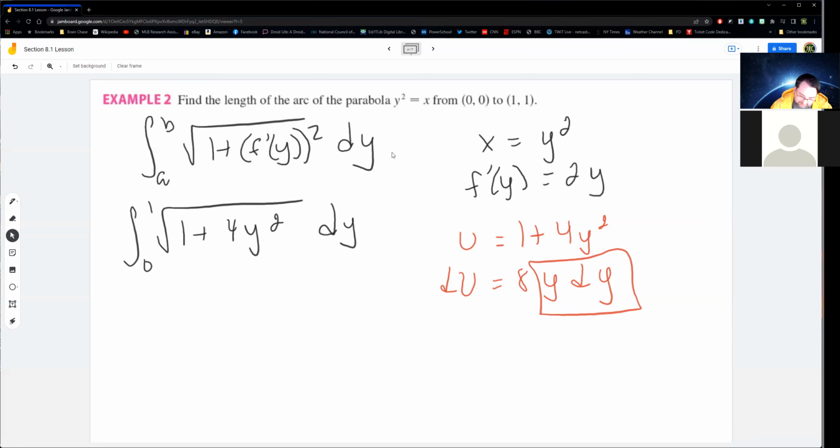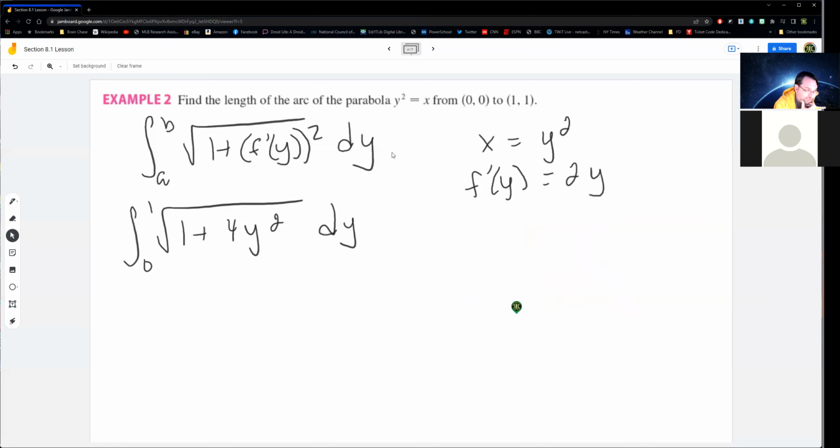Does that make sense? So for this one, to do my trig substitution, I'm going to make y equal to 1/2 tangent theta. So my dy is 1/2 secant squared theta d theta.